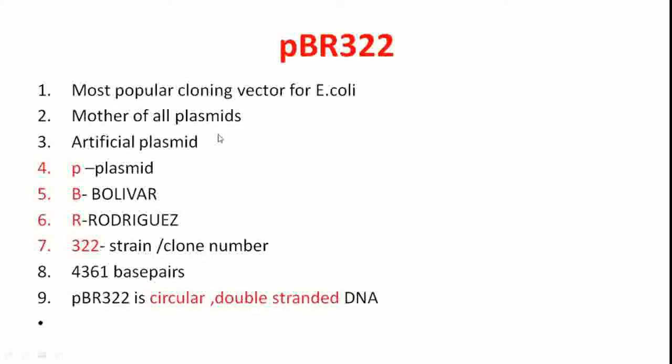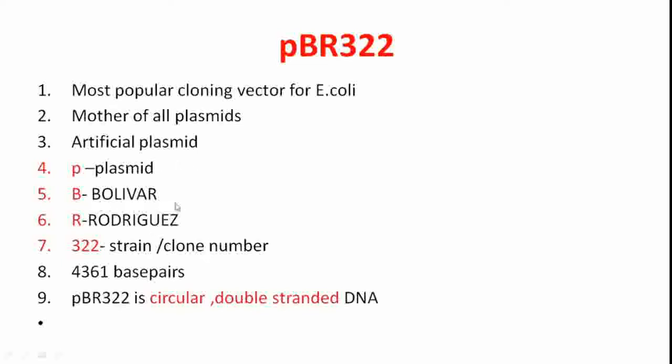It is the first artificial plasmid, and the name is pBR322. P denotes, as I told you, plasmid. B and R denote the scientists who produced it. This plasmid was made by two scientists called Bolivar and Rodriguez.